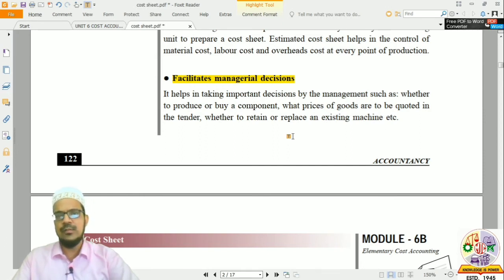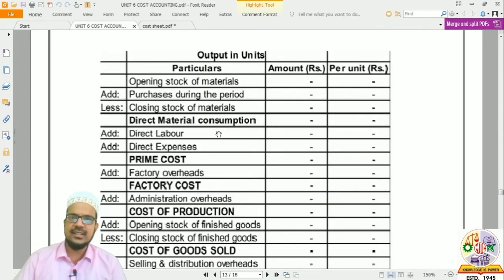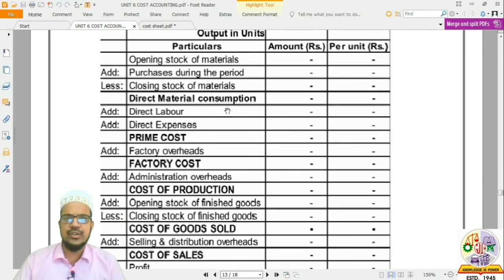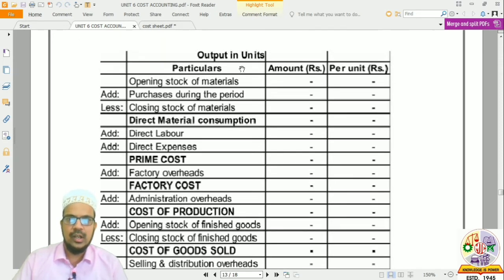Now we will discuss the elements of the cost sheet. So let us discuss the sample pro forma of a cost sheet. This is how a cost sheet should look. It should have a particulars column in which we will be writing the details of expenditure which we have incurred for production of the product, the total amount of the expenditure, and the per unit amount of the expenditure.